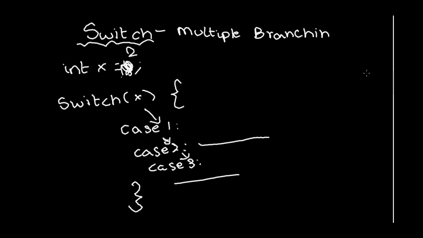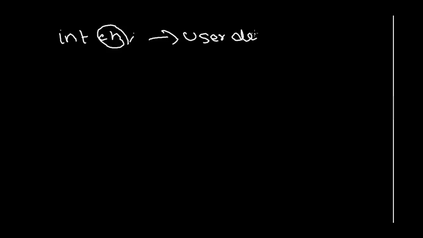Now that being said, let me give you a better example of a real world program. Let's say you have int ch, and this ch is user defined, got from a buffered reader.